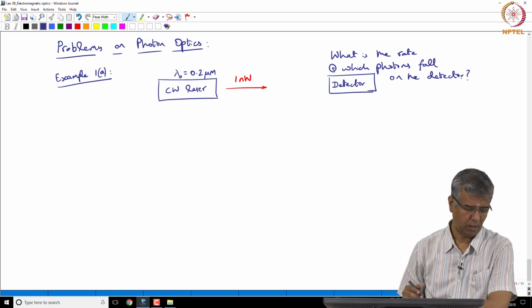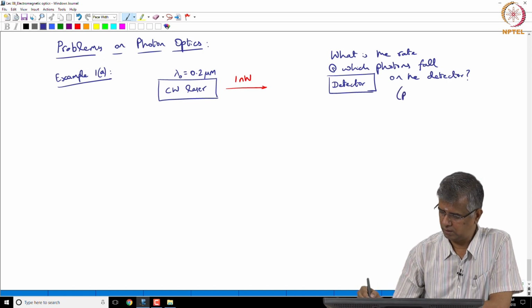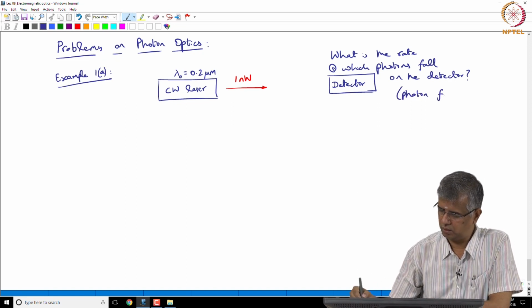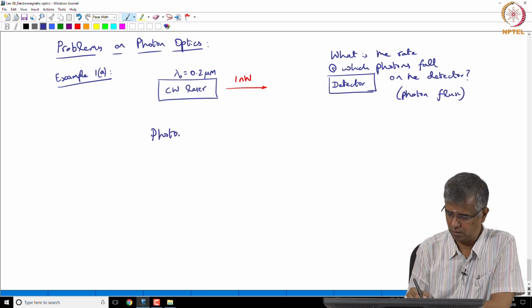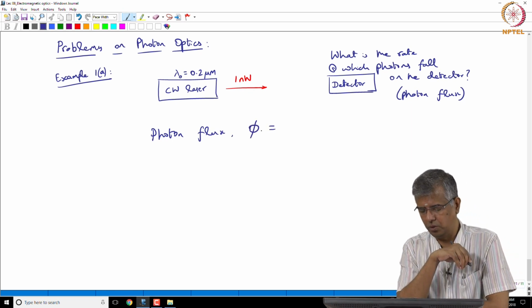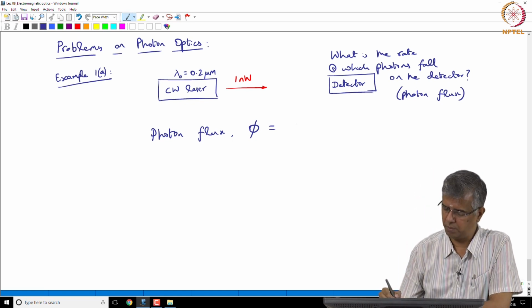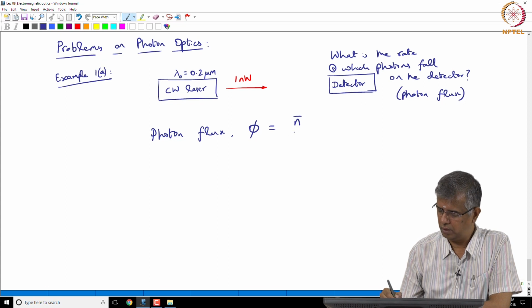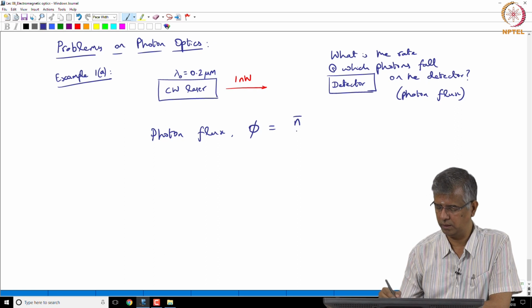So here what you are asked is the photon flux. Photon flux, which you denote by this capital phi, is going to be given by the mean number of photons falling on the detector per unit time.